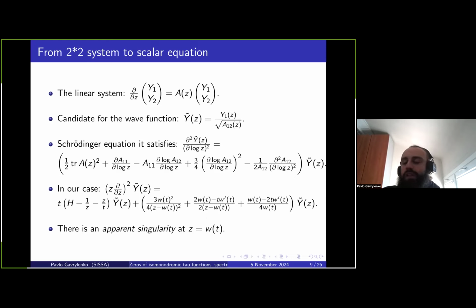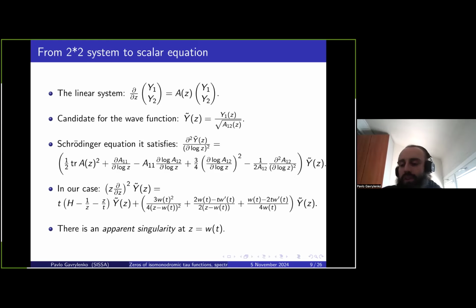So if you ask about this quantum mechanical problem, then it turns out that it is not a normal Schrödinger equation. Not only the first term, but also something with this pole correction. And the parameters of this correction depend on everything.